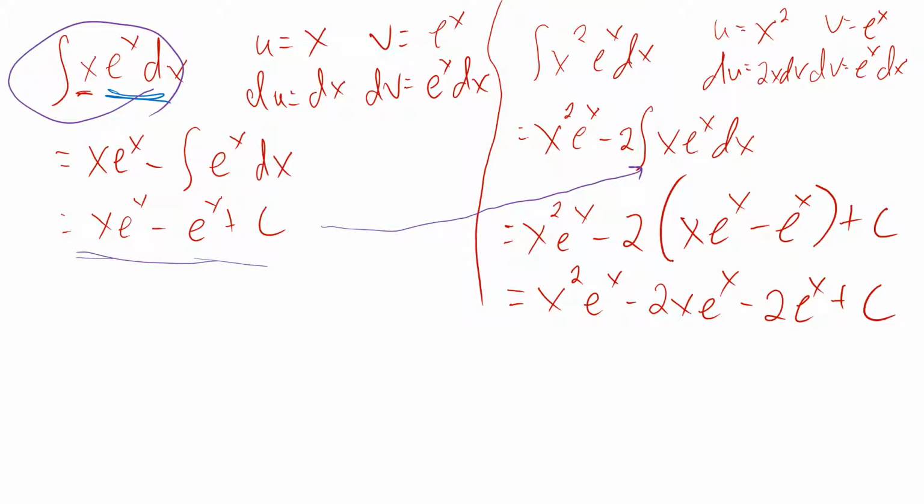So other things these problems could do is it could give you an initial condition where you could find c, no different than anything we've done in the past. We could do a definite integral.